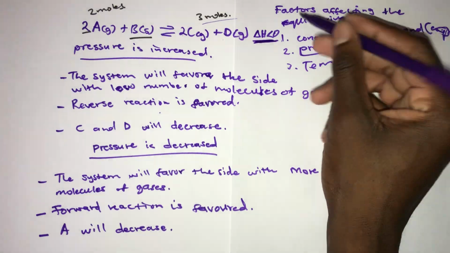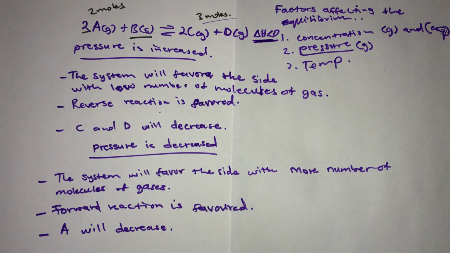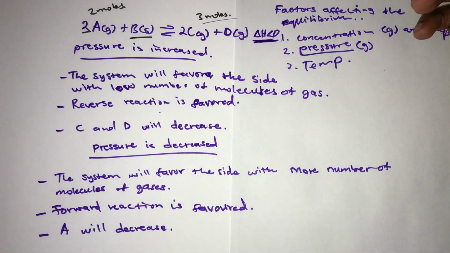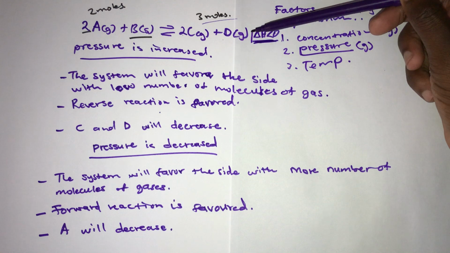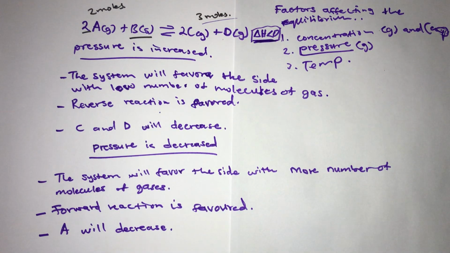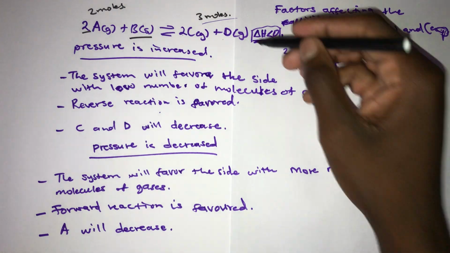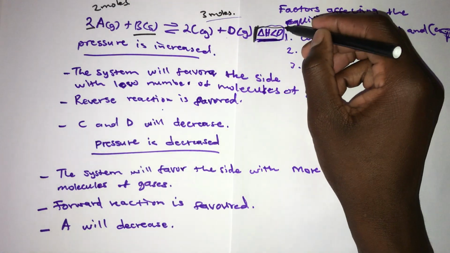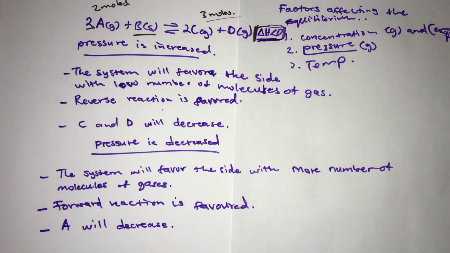On the temperature, the first point you are going to say, you check the condition. The condition says the heat is less than 0, so it means it's an exothermic reaction, right?